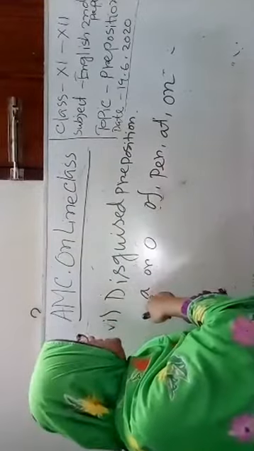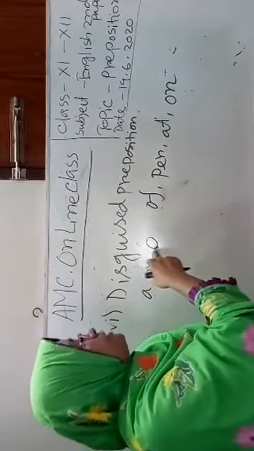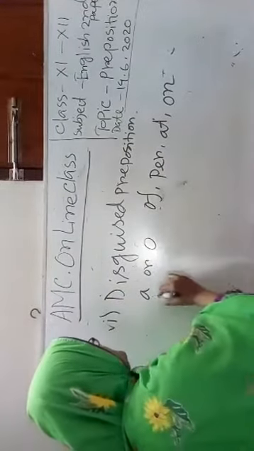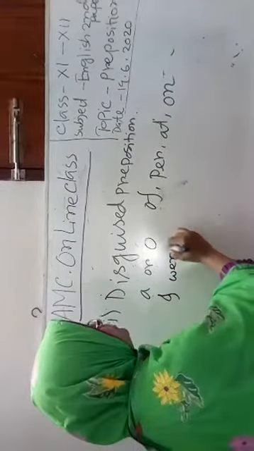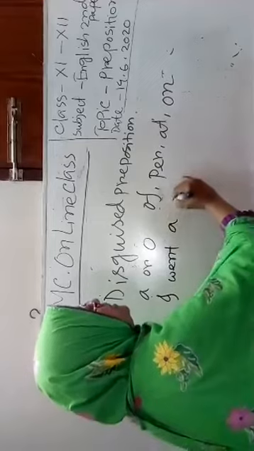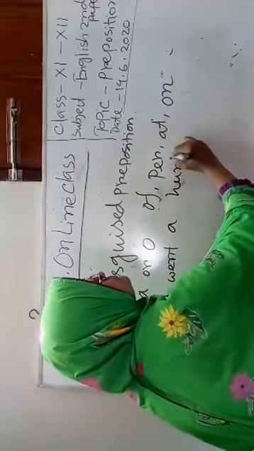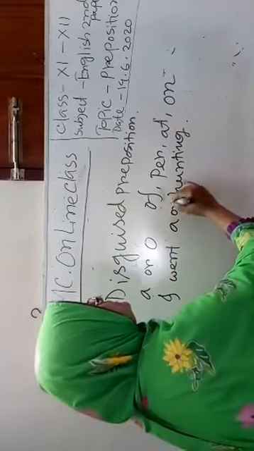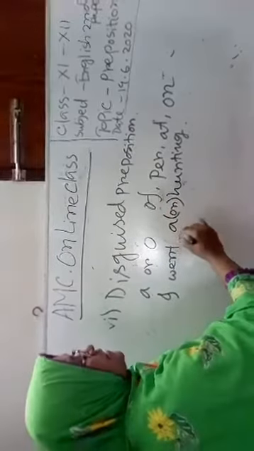So this A or O is called disguised preposition. Say for example, I went a hunting, and on is hidden in this A.